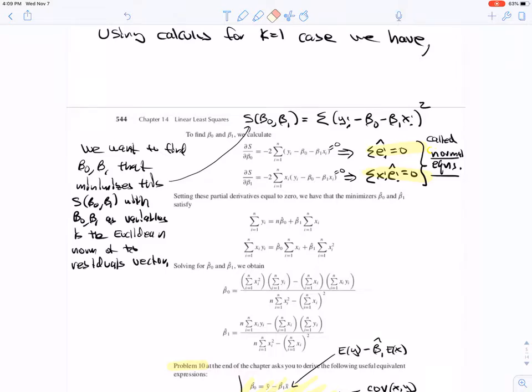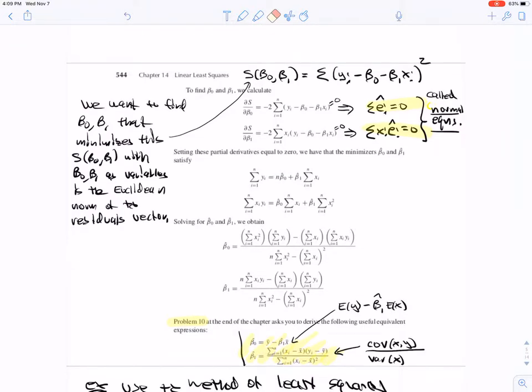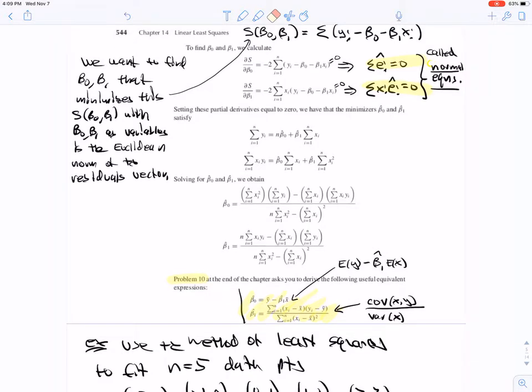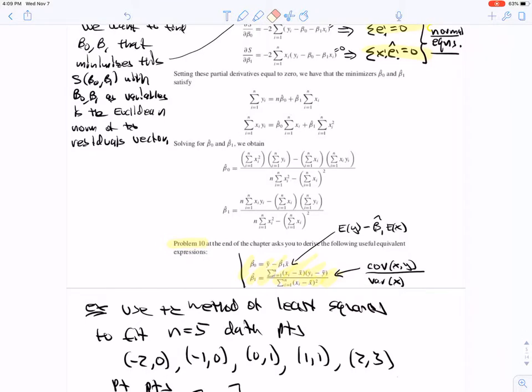We see that the sum of the residuals is 0, and the sum of xi times the residual is 0. Those will play a role later. But setting those partials equal to 0 and solving, we get beta 0 hat and beta 1 hat that are what we found before.